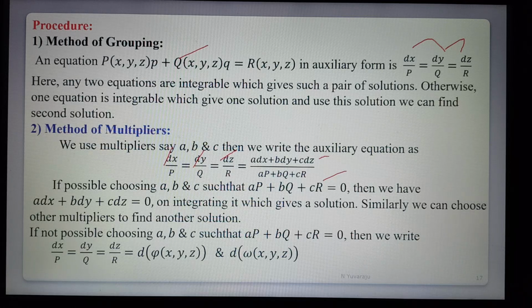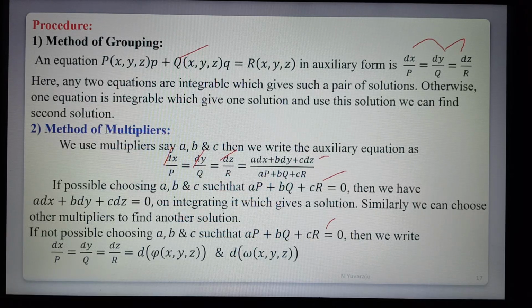So this is the first solution, and now choosing other types of multipliers, with the same procedure we get the second solution. Therefore the two solutions give the complete general solution of the given Lagrange's equation. In case 2, if it is not possible to choose a, b, c such that aP plus bQ plus cR is equal to 0, then how to write the given equation?